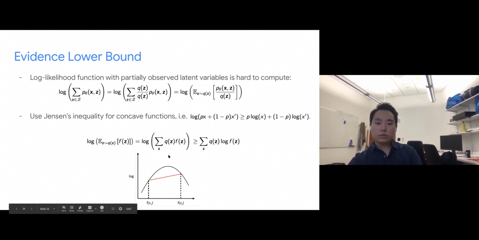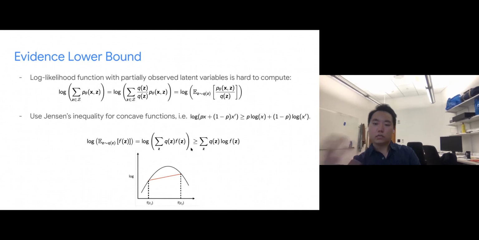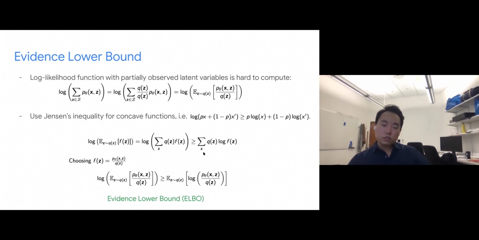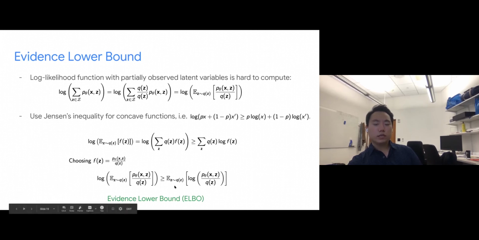So log is concave, because log essentially looks like this without it dropping down. Jensen's inequality states that for a concave function, the log of the expectation is at least the expectation of the log. So we're going to apply Jensen's inequality here and change our log of the expectation to be at least an expectation over the log. And this is already starting to look better. Why?